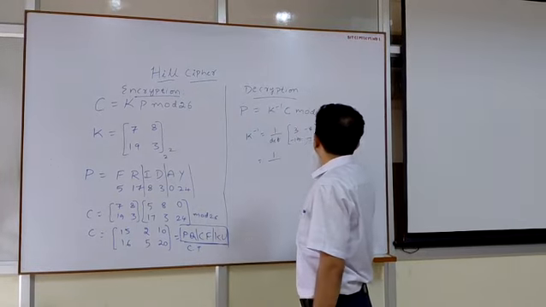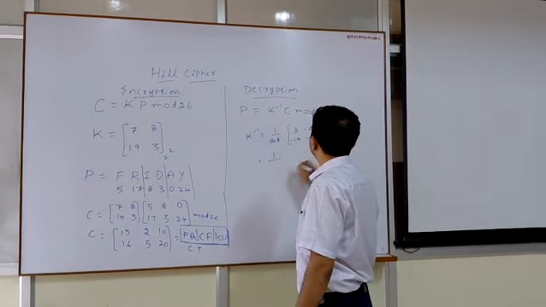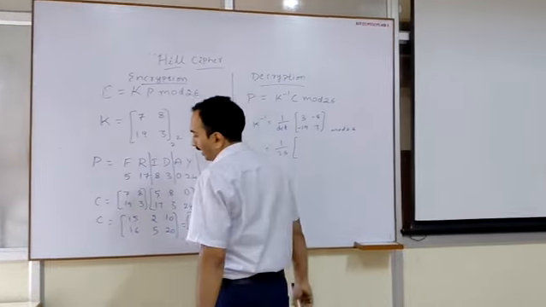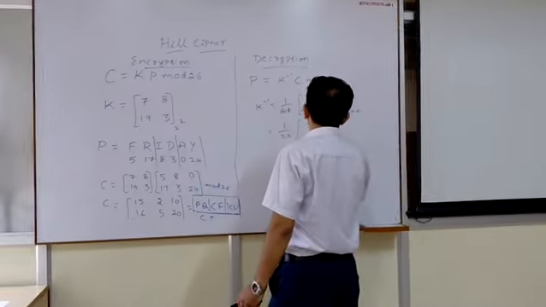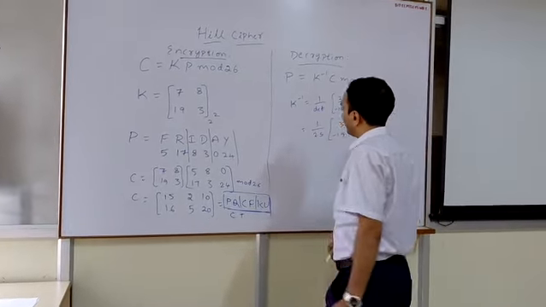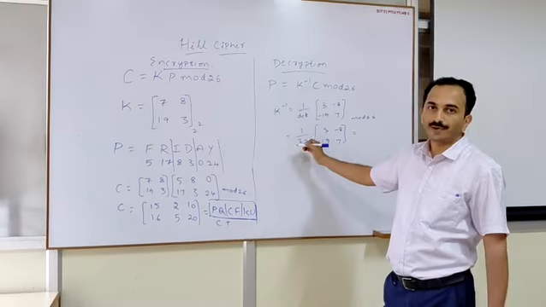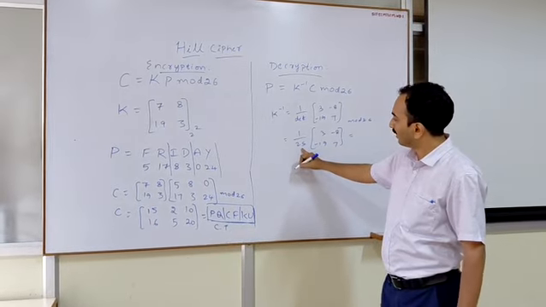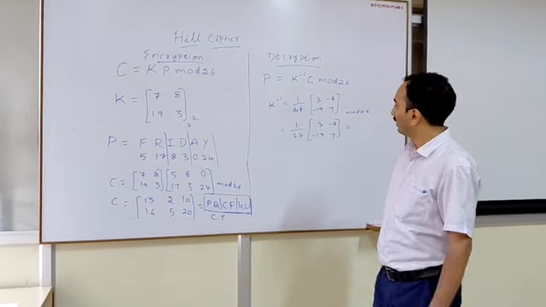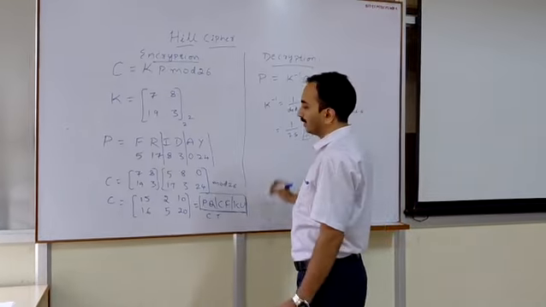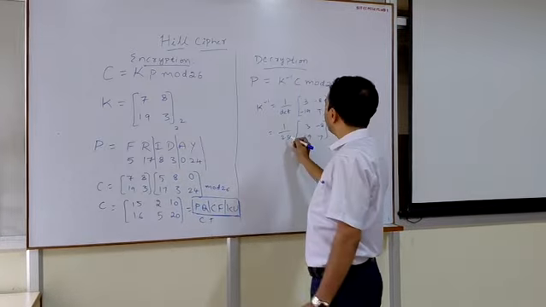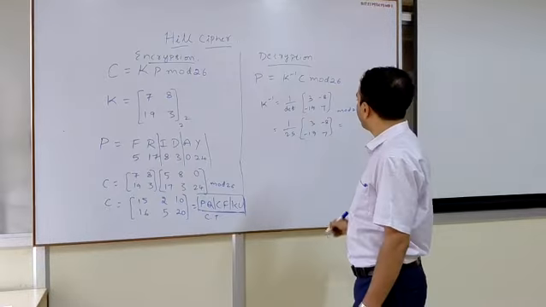All the operations should be performed under mod 26, so the determinant comes to 25, and we need 1 by 25. There is a procedure for finding the multiplicative inverse of 25. If I use the Euclidean approach, the multiplicative inverse of 25 mod 26 is 25 itself.